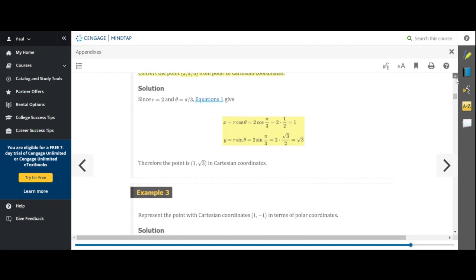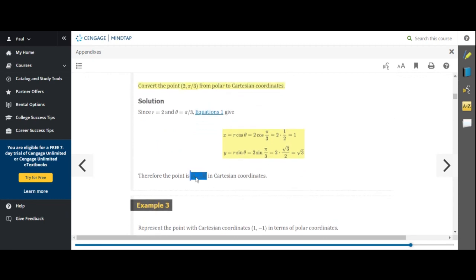If you plotted that Cartesian coordinate 1, √3, it would land at the same point as the polar coordinate 2, pi over 3. Are there any questions on example 2? Okay, if we're feeling good, let's move on.